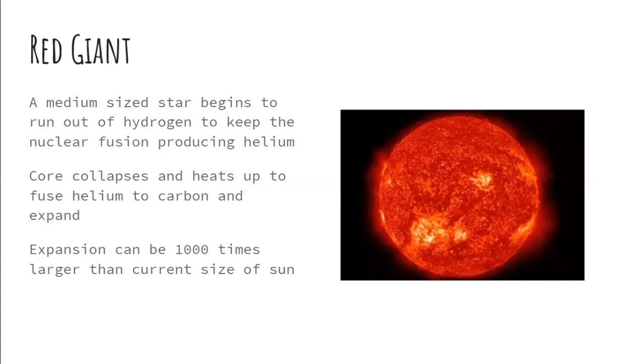Expansion can be 1,000 times larger than the current size of our sun. So by the time our sun becomes a red giant, it would also consume up till Mars. So Mercury, Venus, Earth, and Mars will all eventually just be consumed by the red giant sun. That's a good image to think about.